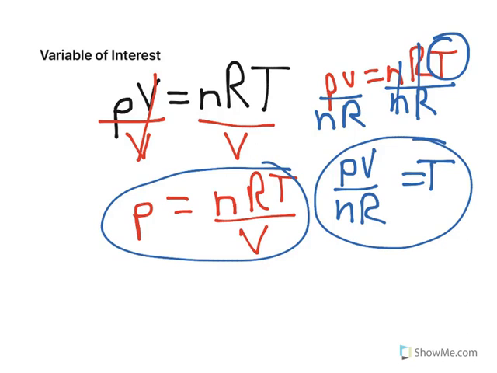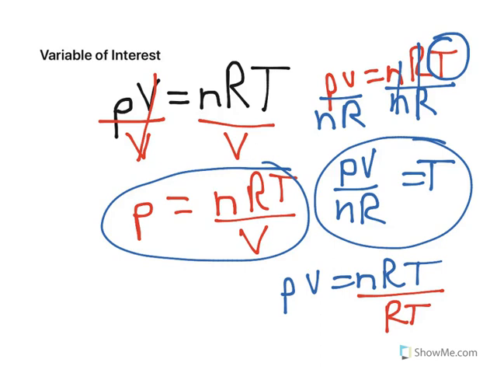Let's just do one more. What if you wanted to solve for N? So PV equals nRT. Solve for N. So you want to get rid of the R and the T on the right side. So you divide by RT. R divided by R is 1.